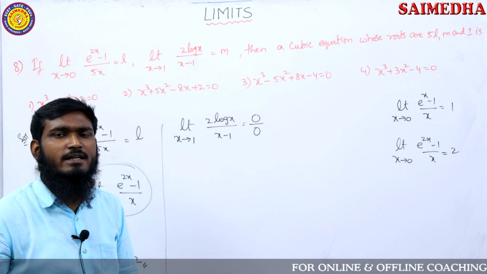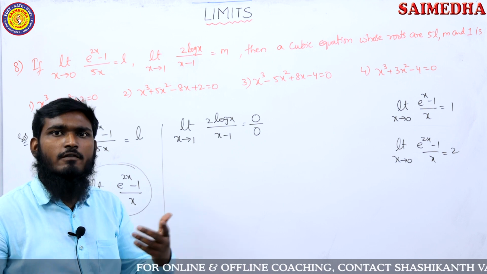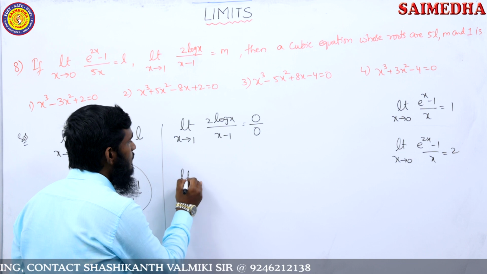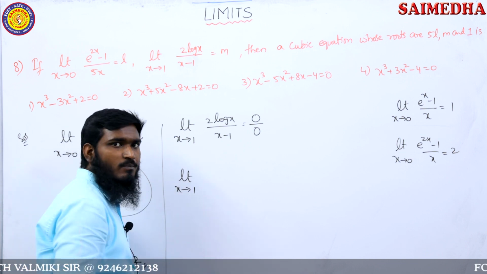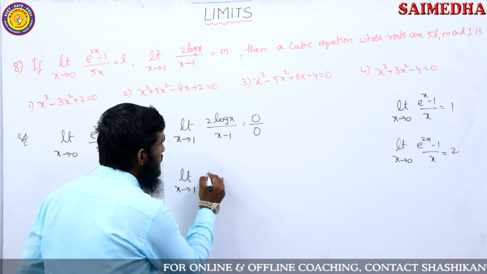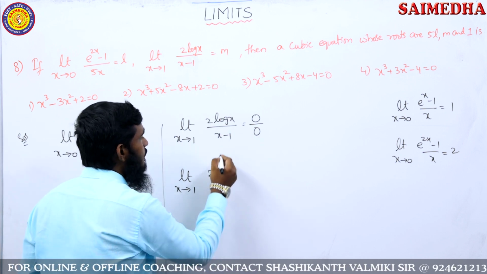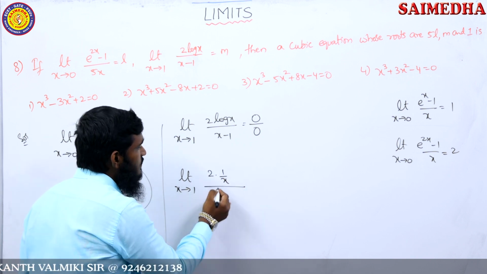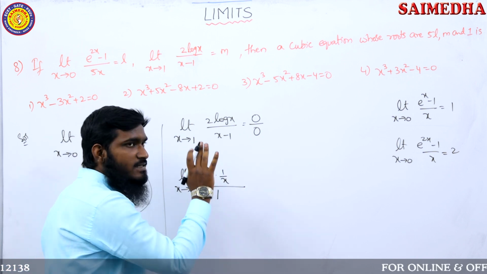Whenever we have an indeterminate form, as we have already discussed, we use the L'Hospital rule. With it, limit x tends to 1, we differentiate the numerator as well as the denominator. This part is 2, then d by dx of log x is 1 by x, divided by d by dx of x, which is 1, and the constant gives 0.